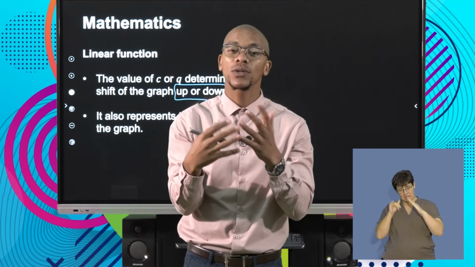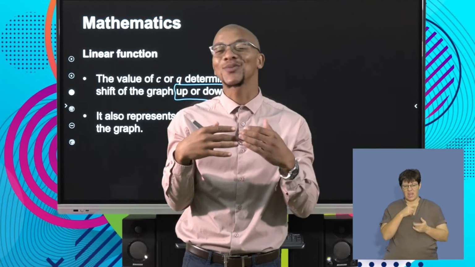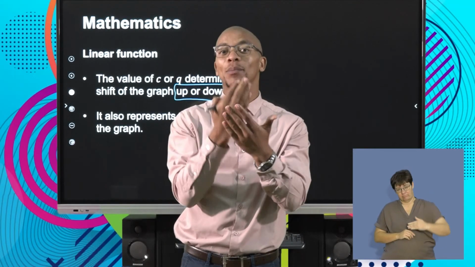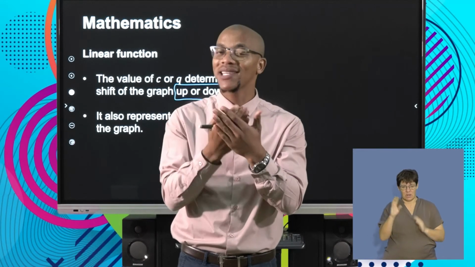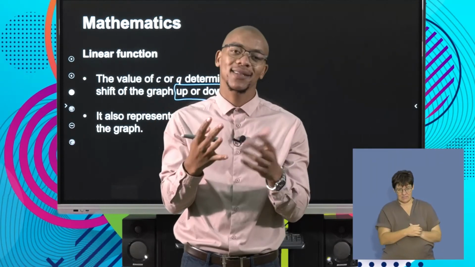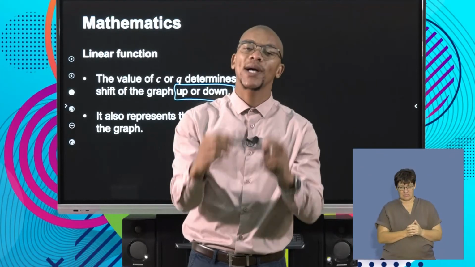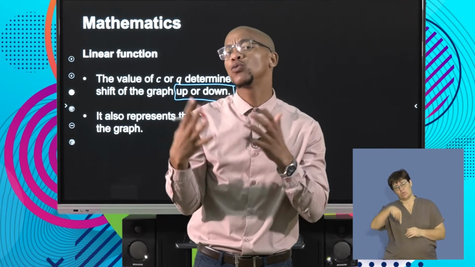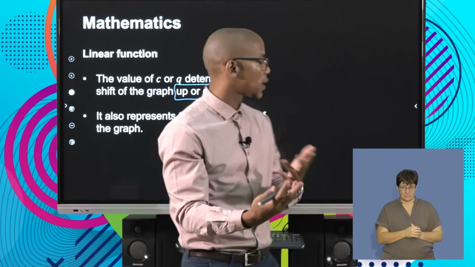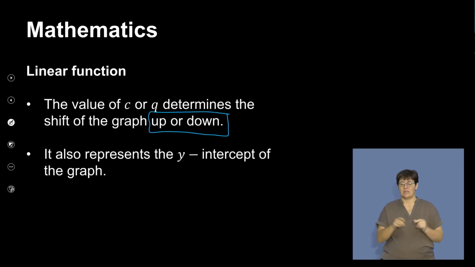But I will show you this. You won't be required to slide them in terms of the paper. No, you are going to write them down and analyze certain things. But you are just sliding it either up or down. That's what the value of c or q really has to do with. Now, it also represents the y-intercept. We do know that, right?